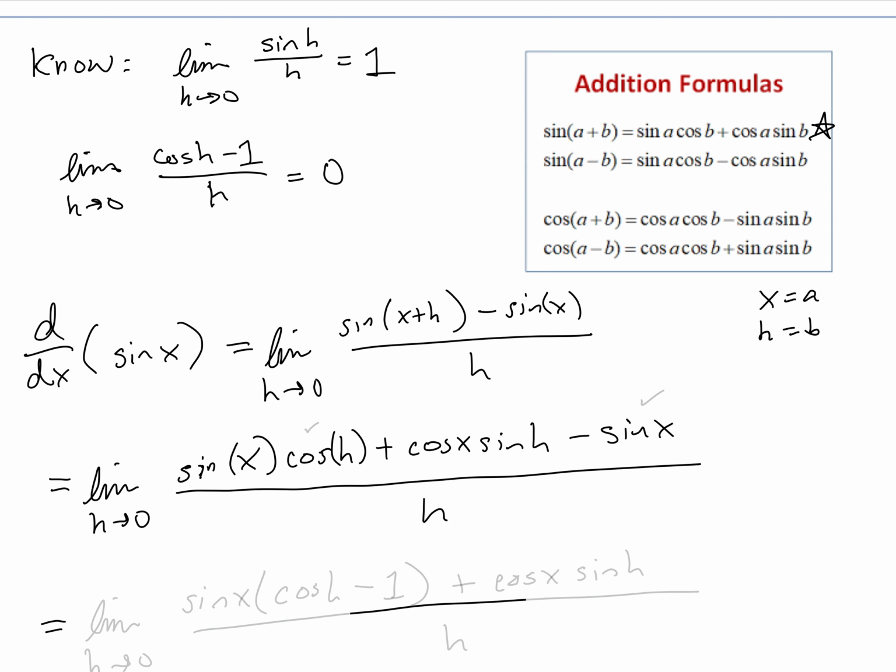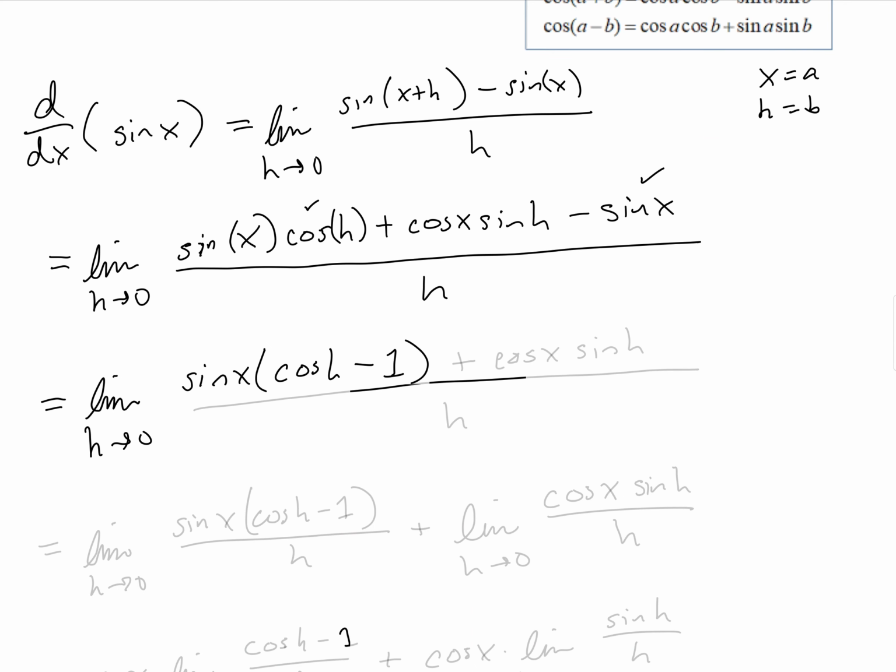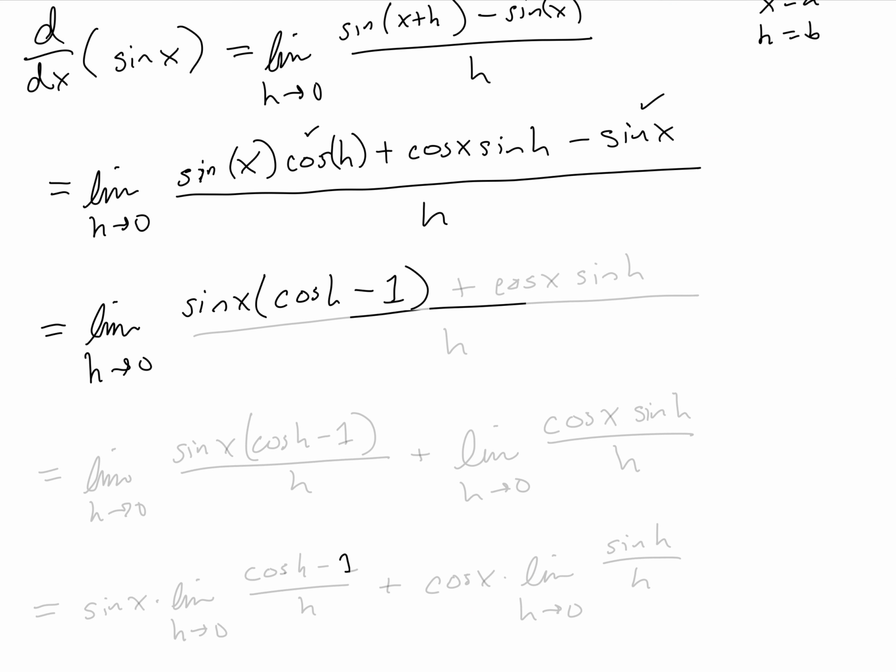And now this is equal to the limit as h goes to 0. Let's do some factoring, let's factor out a sine of x. Sine x times cosine of h is the first term that has a sine x in it, and just negative 1 is the next term that has a sine of x in it. So that's taking care of those two terms, plus cosine of x, sine of h, all divided by h.